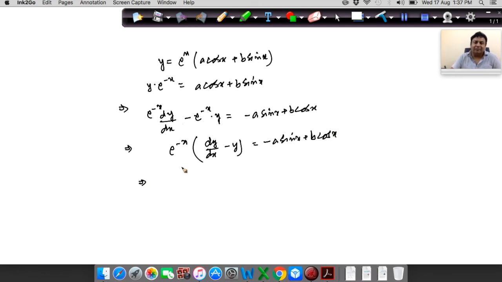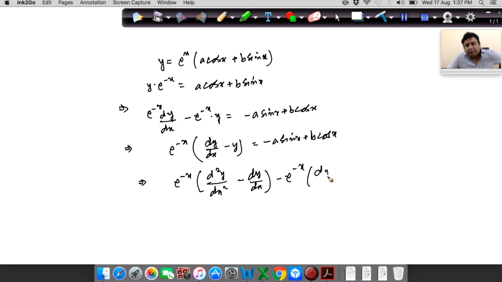Let's see. So again, e to the power minus x as it is, and second derivative d2y by dx2 minus dy by dx, minus e to the power minus x into dy by dx minus y, equals minus a cos x minus b sin x.